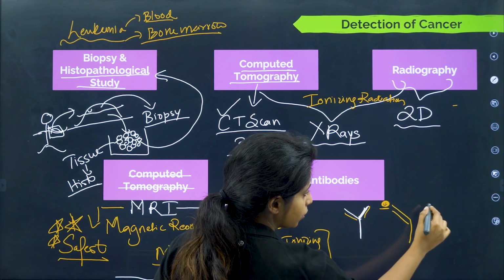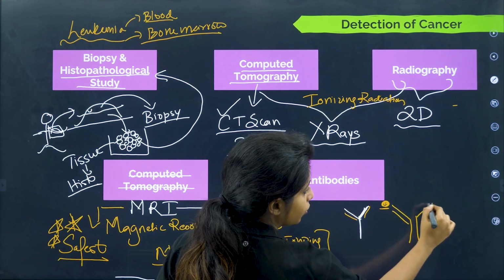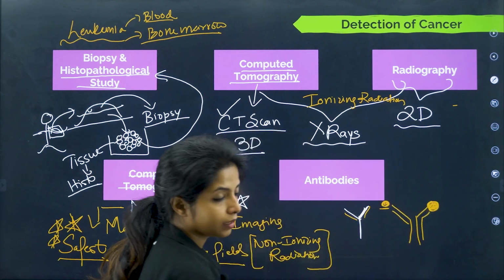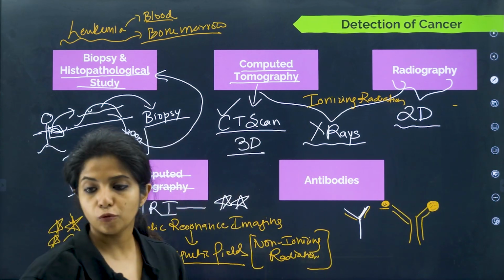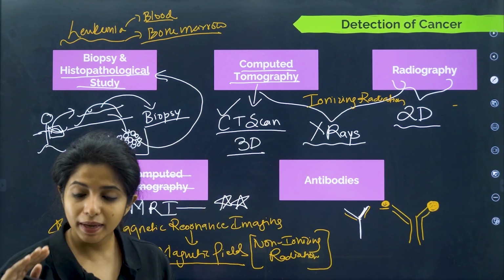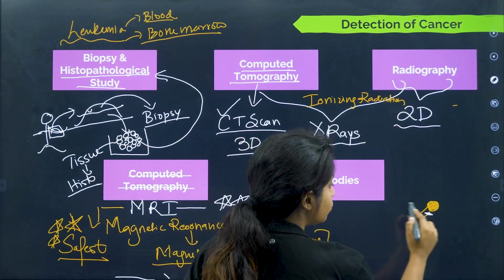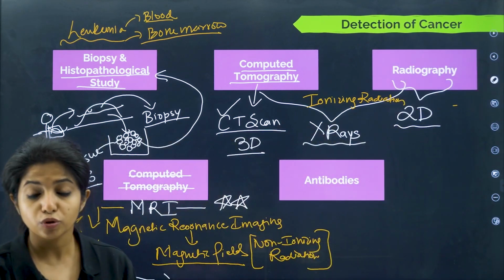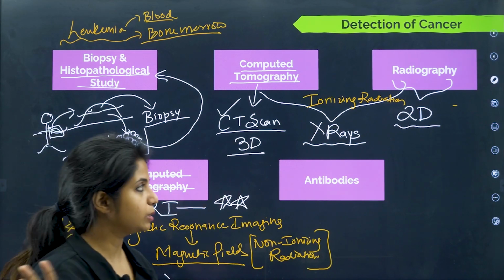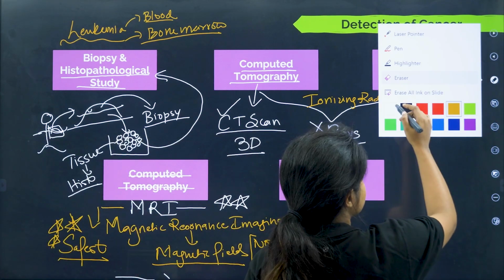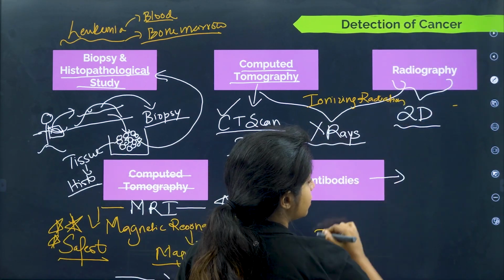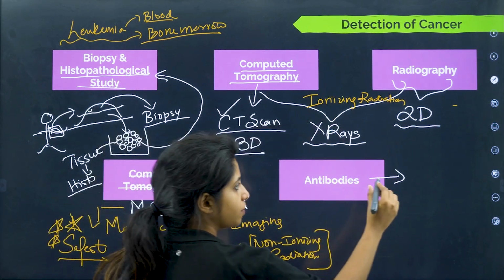Only then will they combine. If they do not match, they won't be combining. So basically over here, what is being done? From a person who is suspected to have cancer, who is thought to have cancer, from them antigens are being taken.